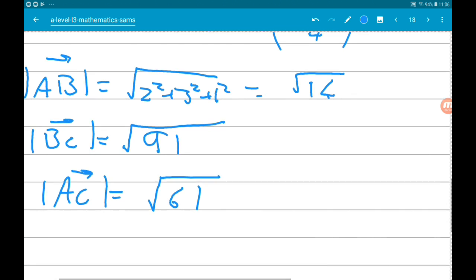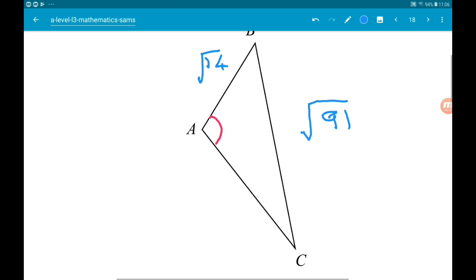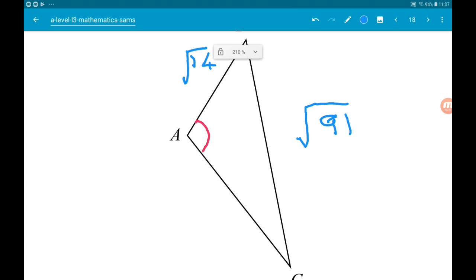Okay, so that then is this length. Okay, so now that we know those 3 lengths, it's now just cosine rule.